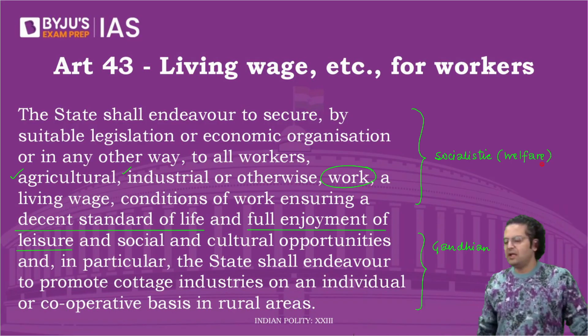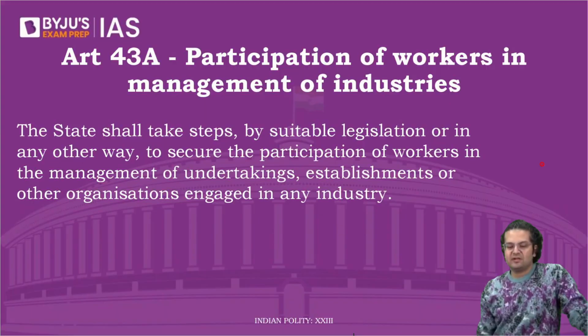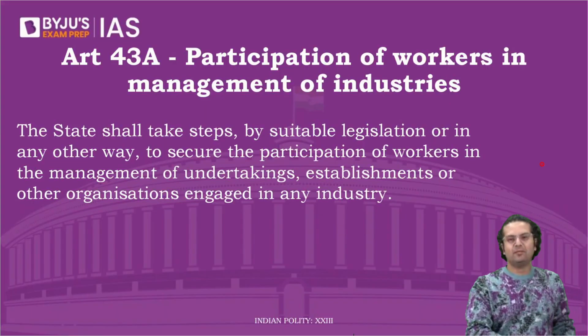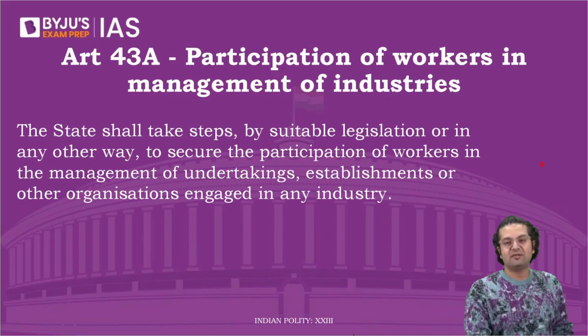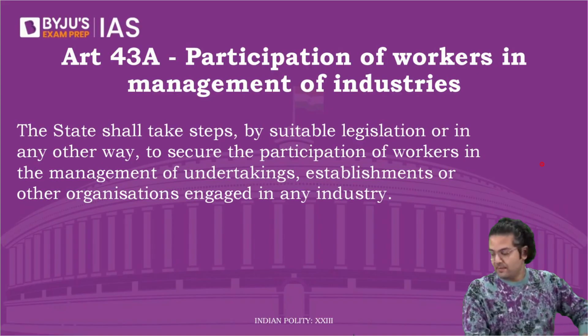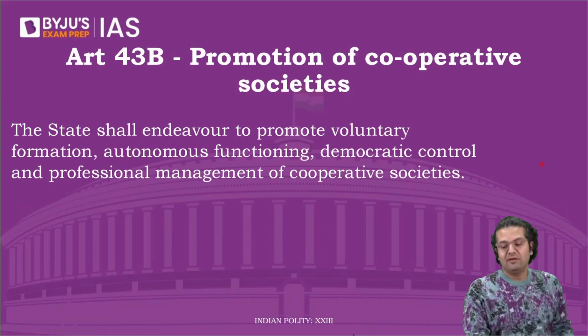Then 43A, participation of workers in the management of industries. So the state should take steps to ensure that the workers also participate in the management of industries. And then 43B, promotion of cooperative societies.